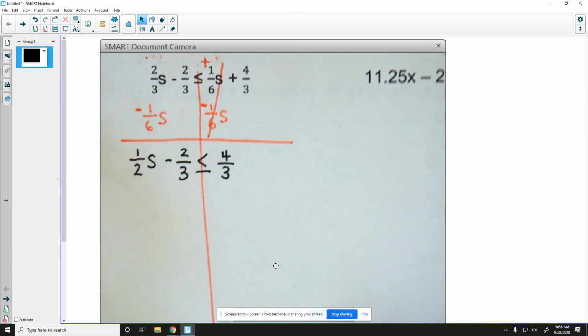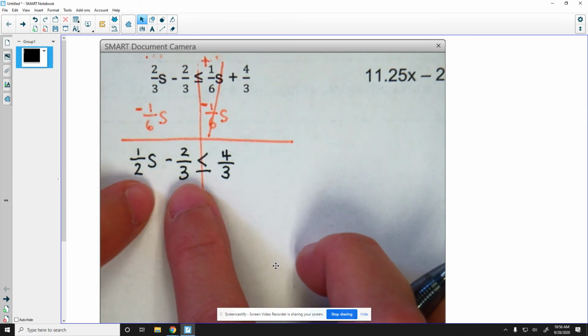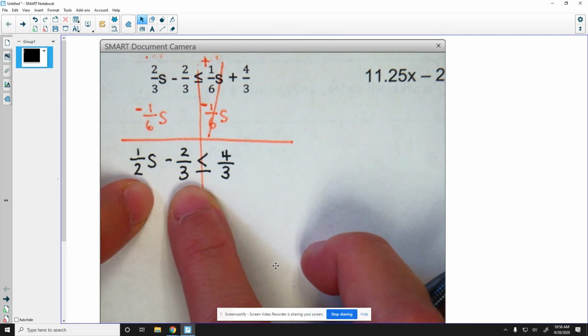Okay. Someone else online. What number do I drop down now? The one that's farther away from the S. I'm not giving up on you, online kids.